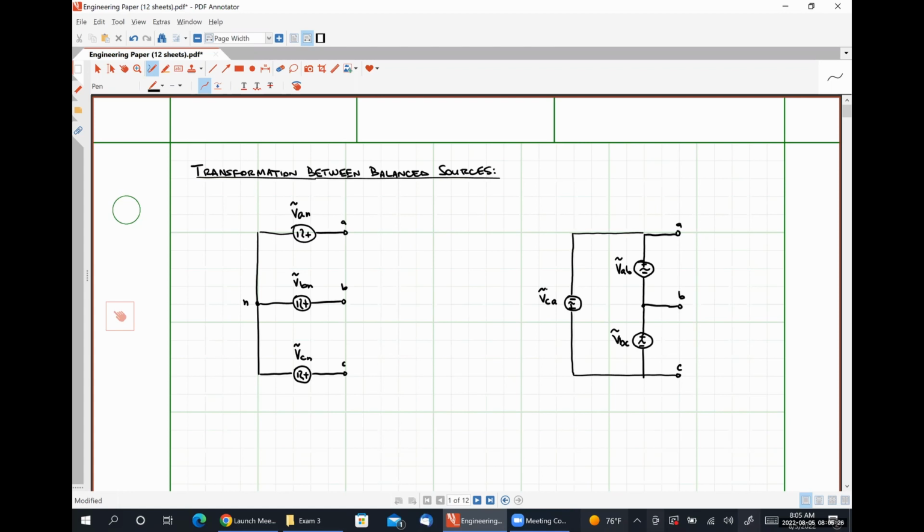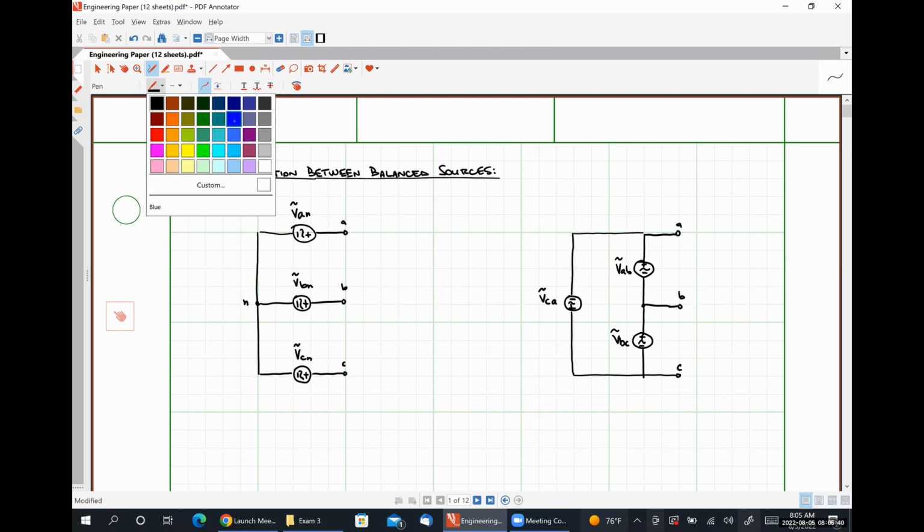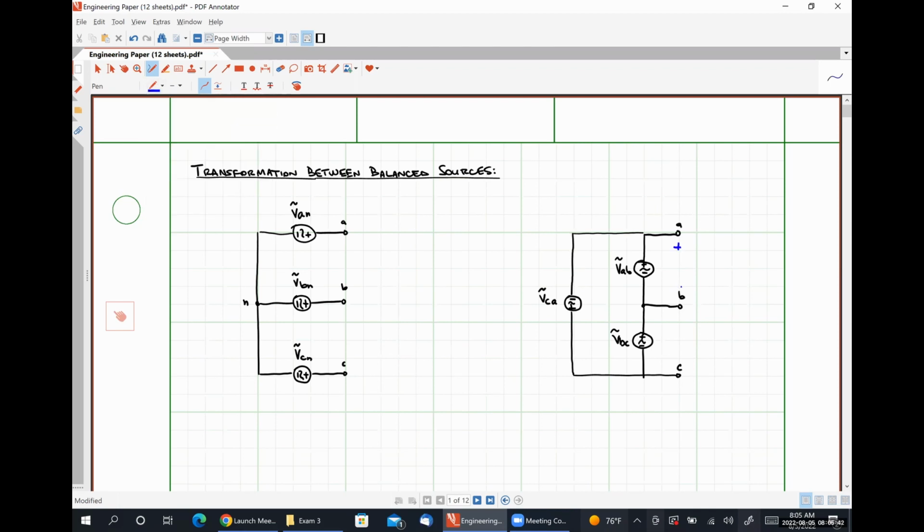So how we're going to approach this is we're going to look at the voltage drop between our transmission line terminals and set them equal to each other. So effectively, VAB, let me write these line voltages here. This line voltage VAB needs to be equal to this line voltage VAB in order for these circuits to be electrically equivalent.